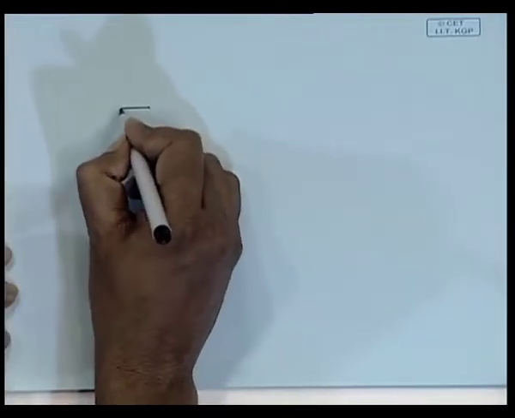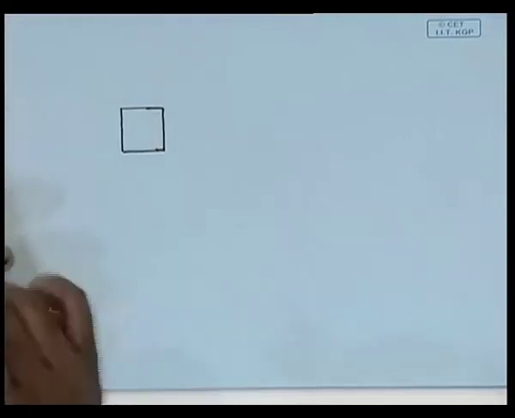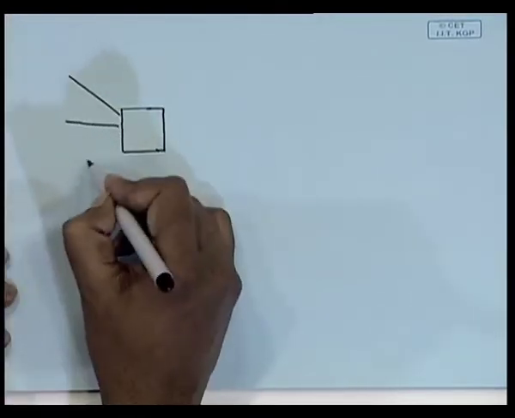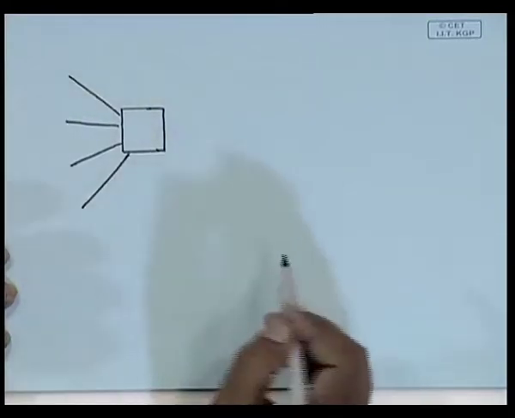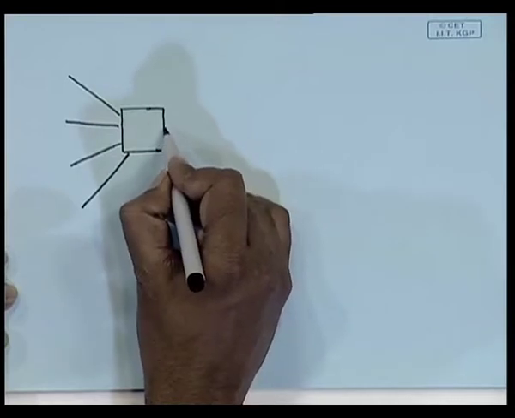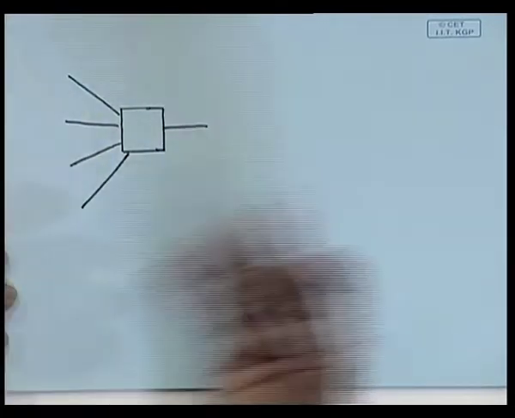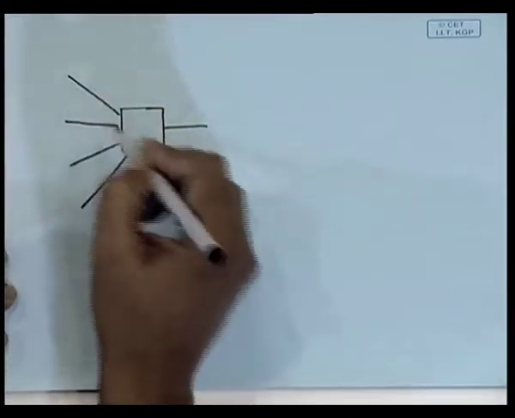I have a cell body, then a set of inputs which act as dendrites, and an output which will act as the axon.